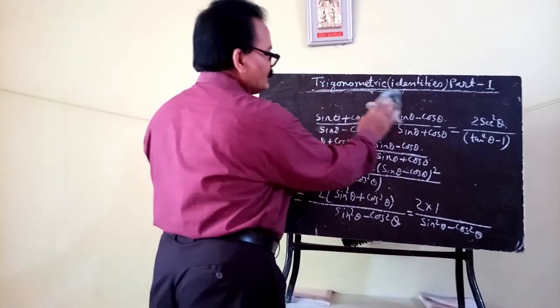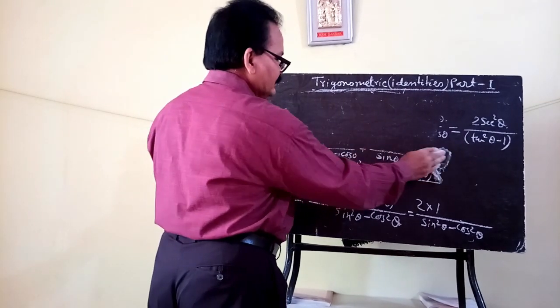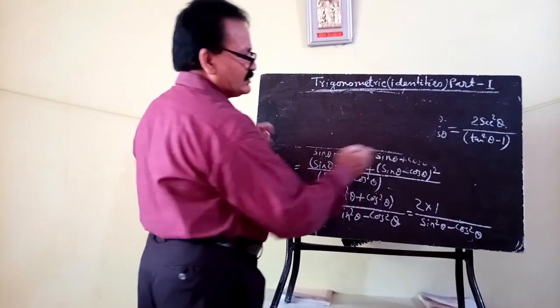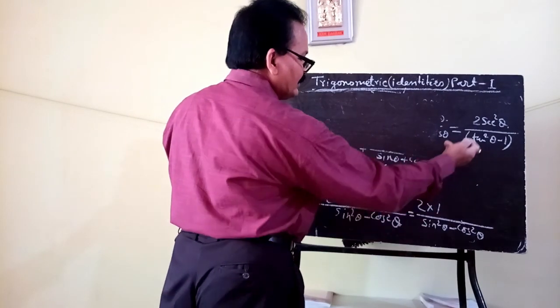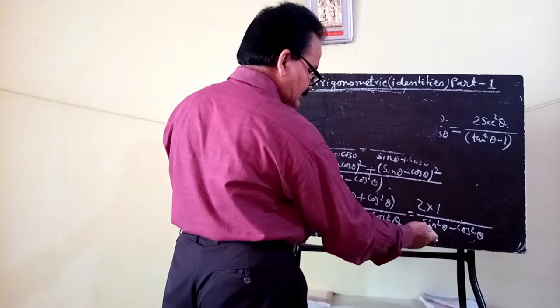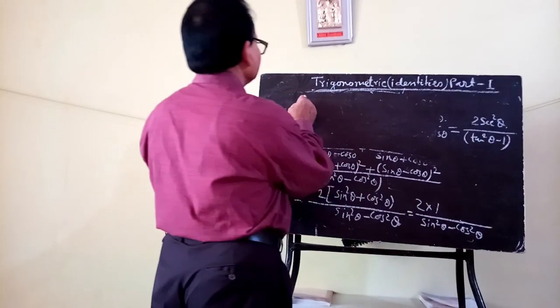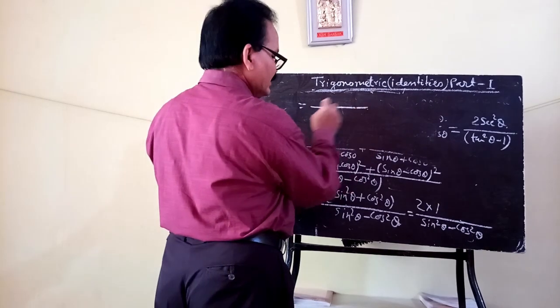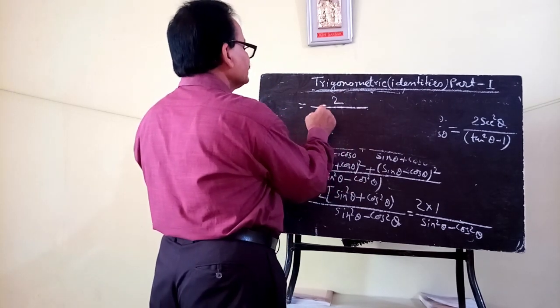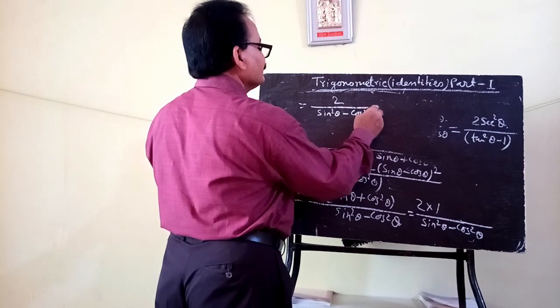Now what you have to do, you have to keep in mind that the RHS, here in the denominator it is tan square theta minus 1, and here it is sin square theta minus cos square theta. So here 2 sin square theta minus cos square theta.